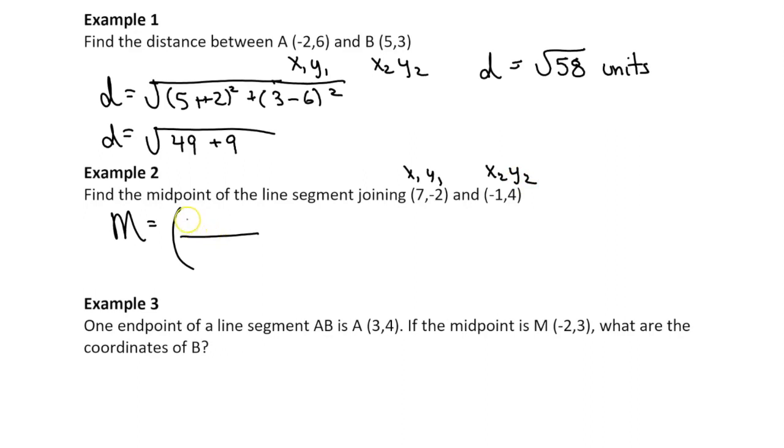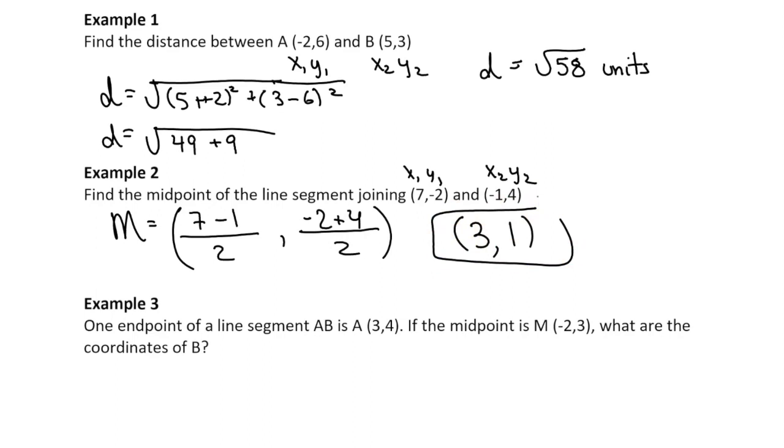You add up the x's, 7 plus negative 1 over 2, and for your y values, negative 2 plus 4 divided by 2. Let's clean that up. We would get 6 over 2, which is 3, comma, 2 over 2, which is 1. So 3, 1 would be our midpoint right there.